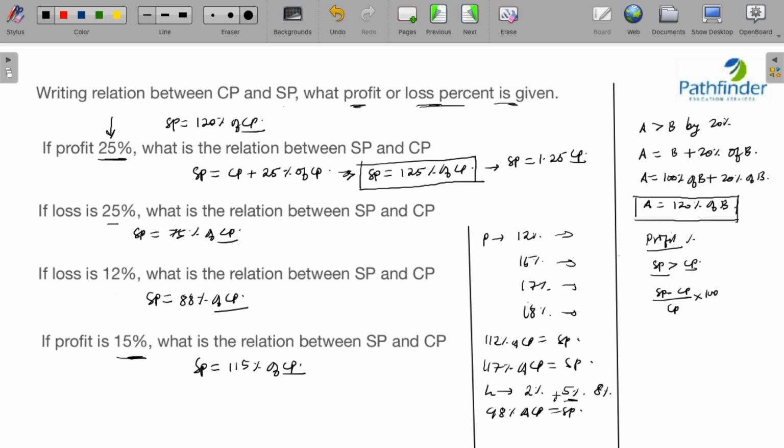Loss of 5%, 100 minus 5, 95% of CP is equal to SP. Loss of 8%, 100 minus 8, 92% of CP is equal to SP. So this is something which should be absolutely clear to you even before you start solving any word problem. प्रॉफिट दिया है मतलब सेलिंग प्राइस और कॉस्ट प्राइस के बीच में रिलेशन दिया है, तुरंत क्लियर होना चाहिए.